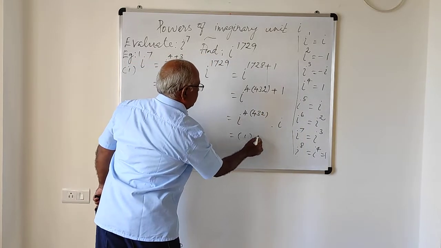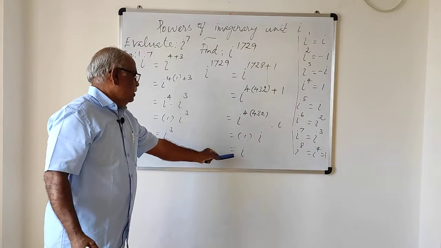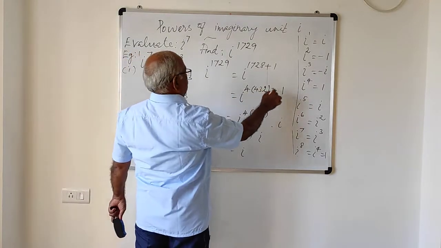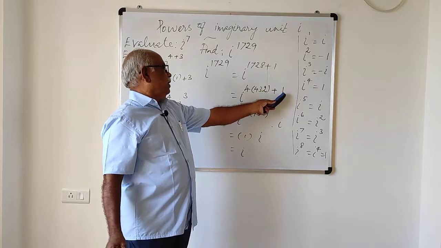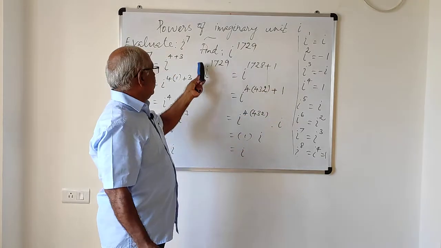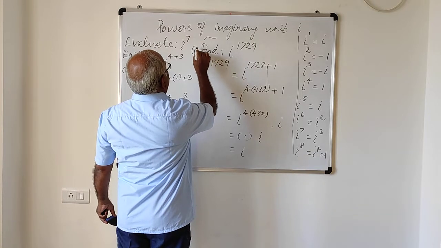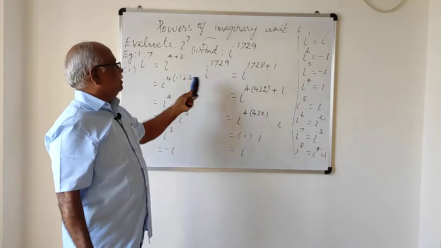This is 1 into i. Therefore i power 1729 is i. By division algorithm, that rule, n is equal to 4q plus the remainder. Like that we can split and we will get i power 1729. It is in your book, given as example 2. I solved 2 problems which are given in my textbooks.